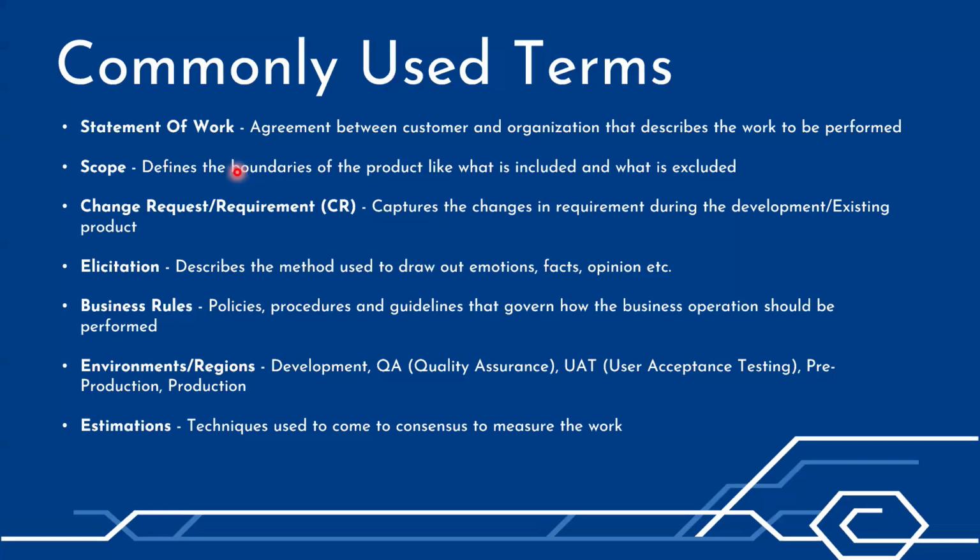Now, this SOW, as we discussed yesterday, is a legal agreement between the client and the IT company. It talks about the nature of the work to be performed, what type of work needs to be performed, what happens if either party wants to break the contract, the duration of the contract, and the money involved.